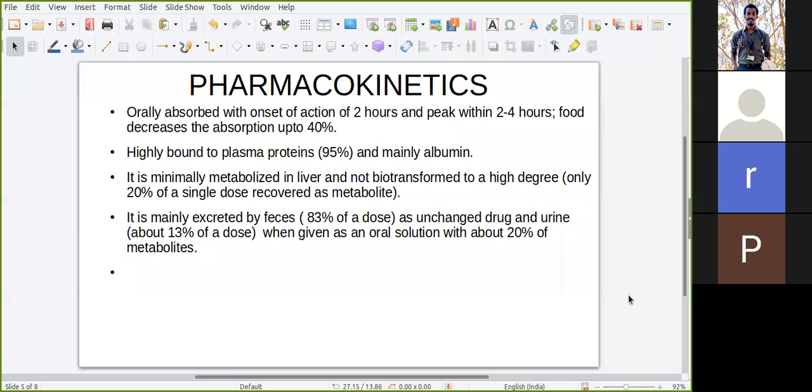So coming to the pharmacokinetic properties, it's orally absorbed with an onset of action of 2 hours, and a peak of 2 to 4 hours. But food decreases its absorption by up to 40% of the dose.